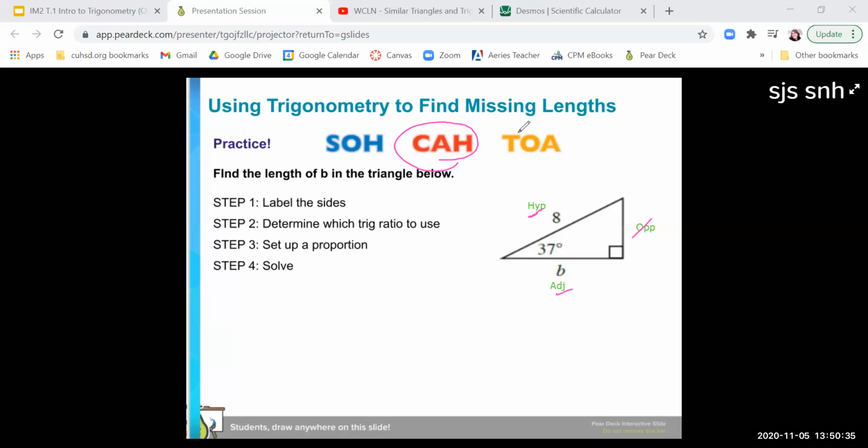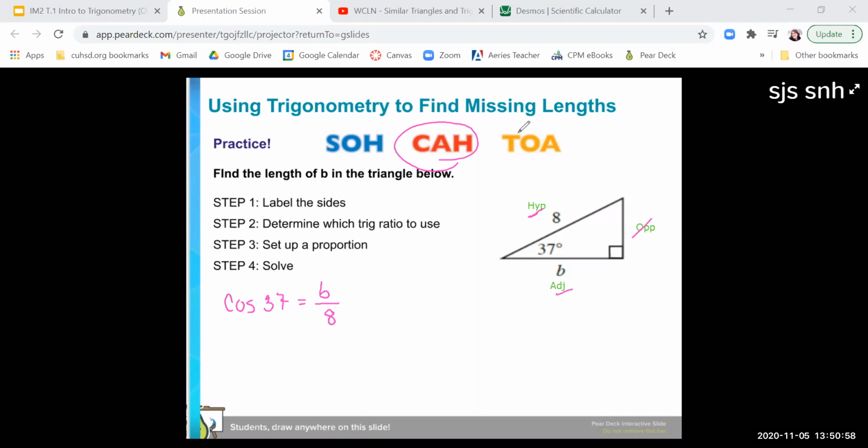So now I'm going to write my proportion. Cosine of theta, which is 37, is equal to adjacent, that's B, over hypotenuse, 8. Now this time when you punch it in your calculator, make sure you don't use the sine button anymore.